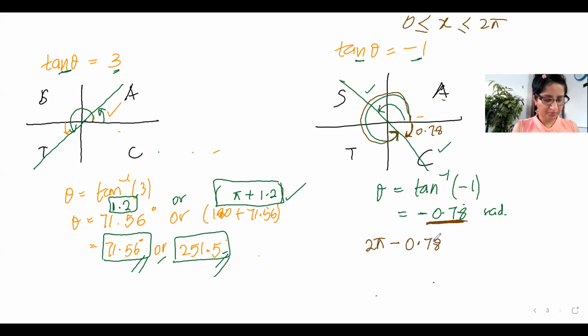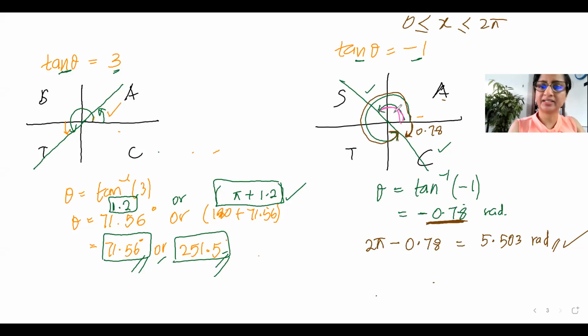Okay, let me actually work that out. 2 pi minus 0.78 is 5.503 radians. That's one angle, so that's correct. That's the one in the fourth quadrant, and now the one in the second quadrant.